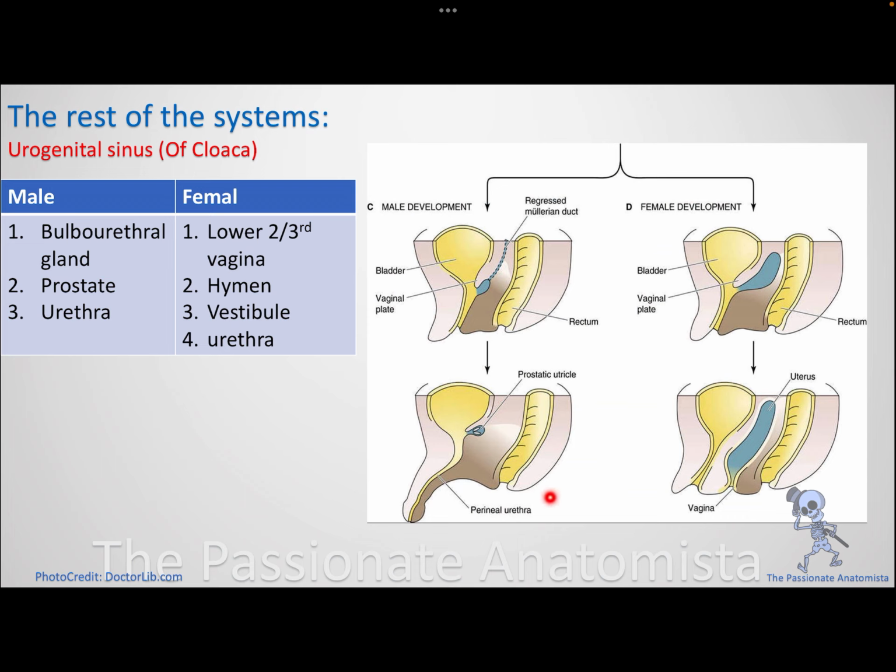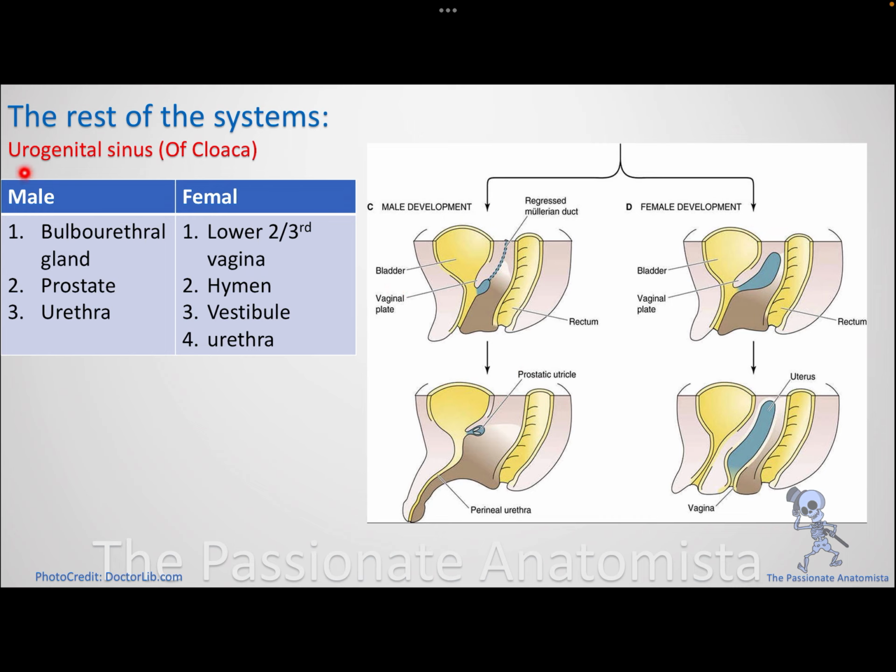And of course, you understand that the paramesonephric duct, when it came here, is going to undergo regression and give you the prostatic utricle. You might get this as a question in the exam: what is the homologous of the paramesonephric duct in male? It's the prostatic utricle. So it degenerates here and it just gives me the prostatic utricle.